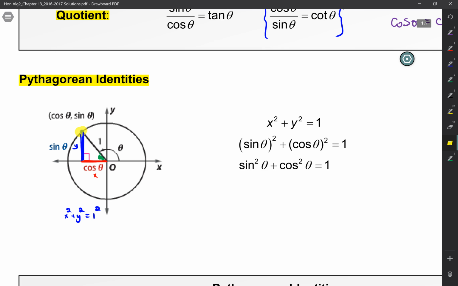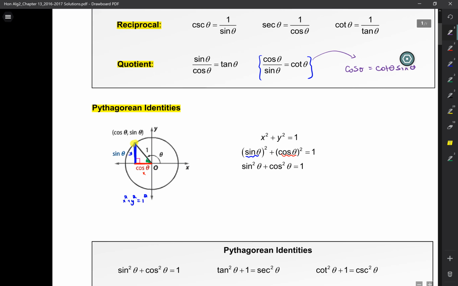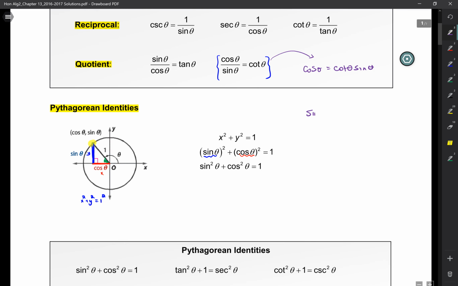Now, another way to write x squared plus y squared equals 1 is: x squared is cosine theta squared, y squared is sine of theta squared, right? And if I have sine of theta squared, I can also write that as sine squared theta.